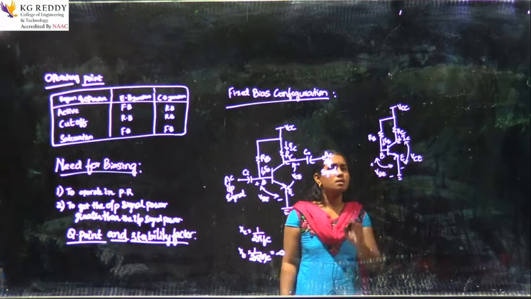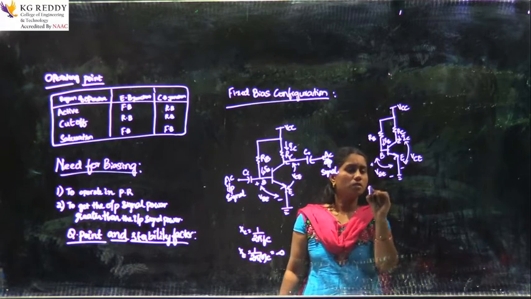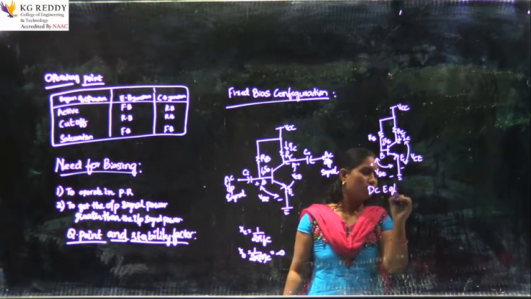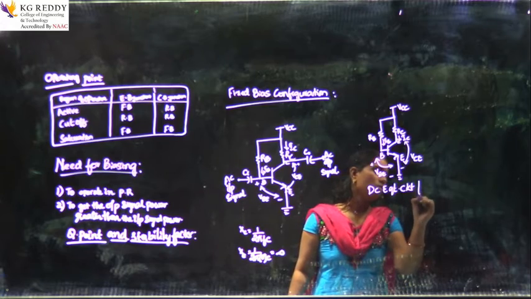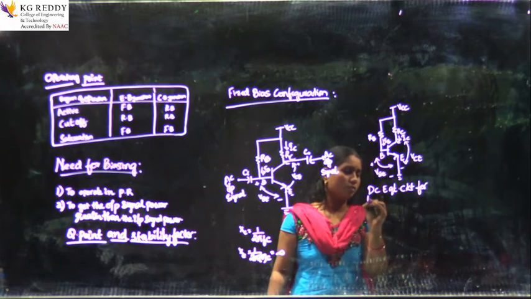Okay. This is the simplest DC equivalent circuit for the fixed bias configuration.